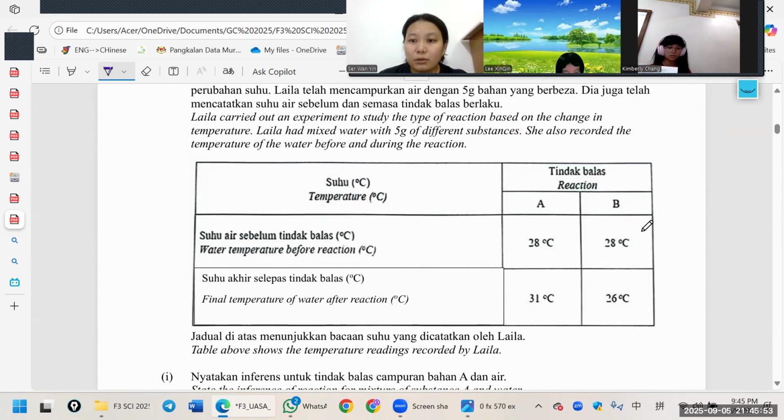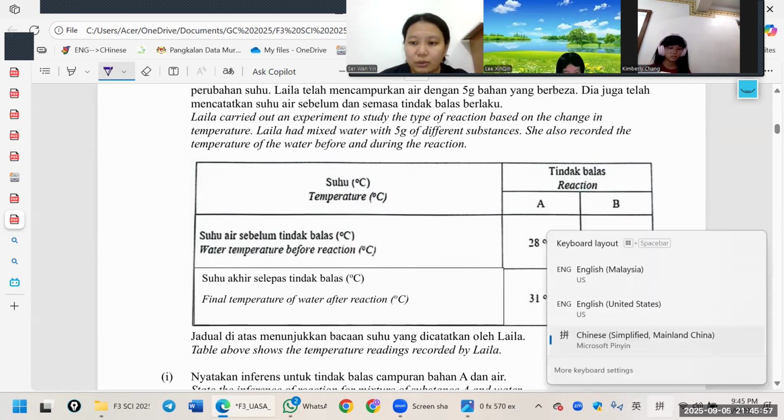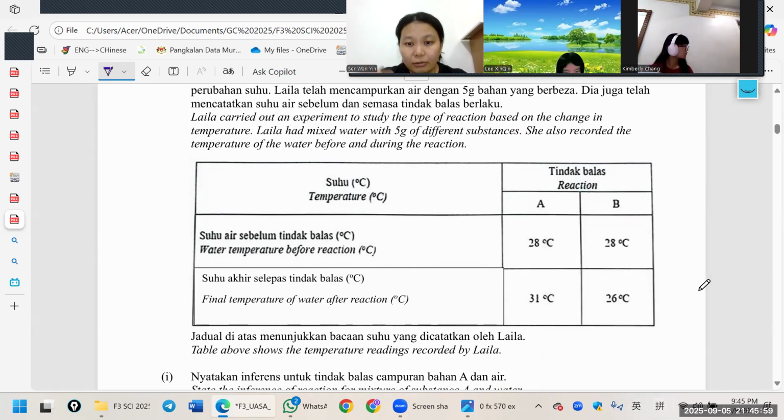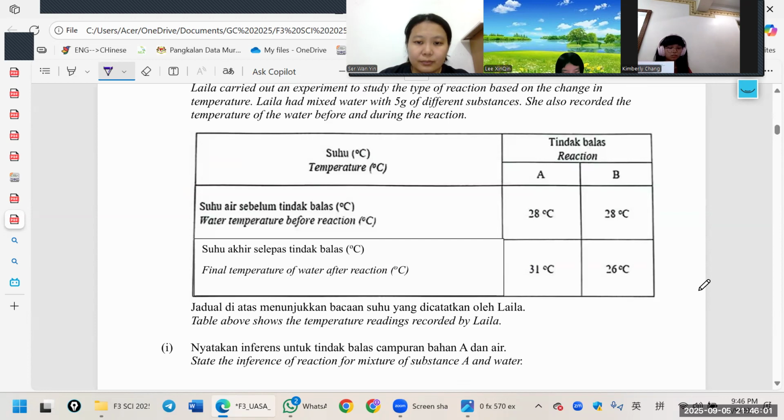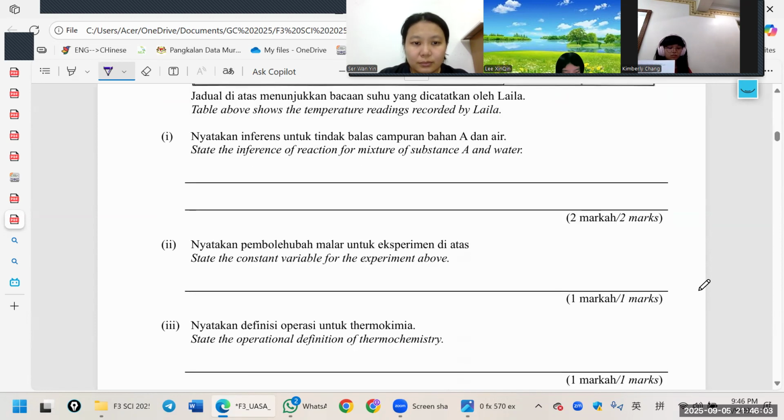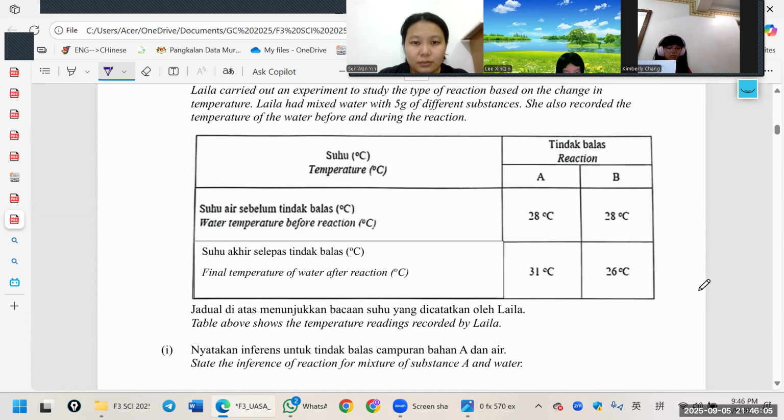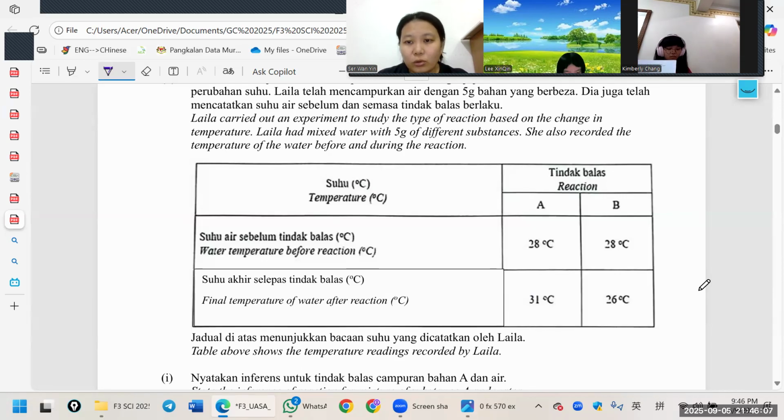Next. This one we also did before. Not sure you still remember or not. Before you start, can you tell if A or B is which one is exo, which one is endo?